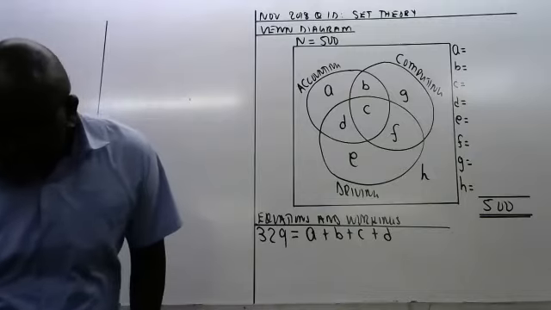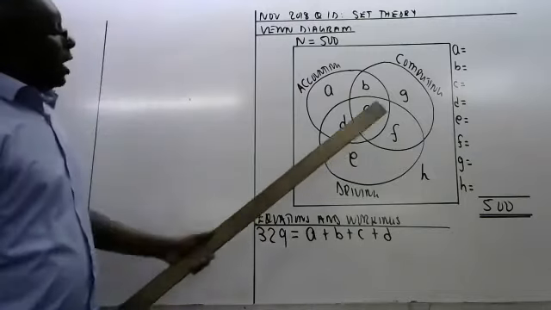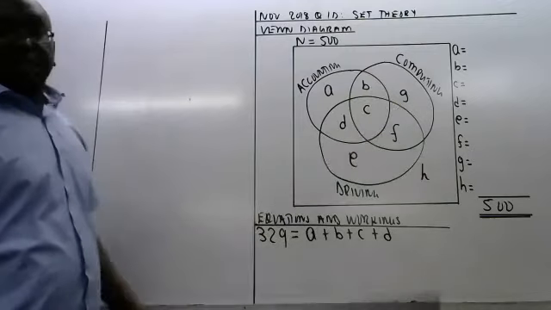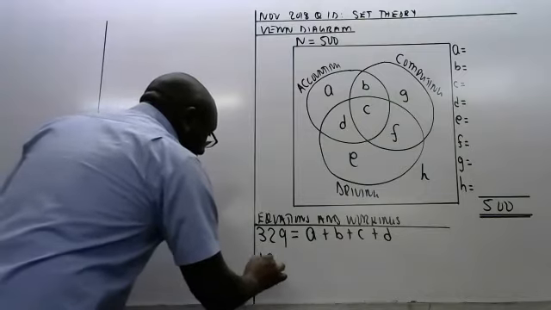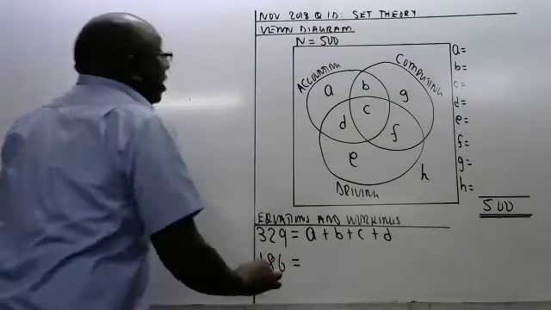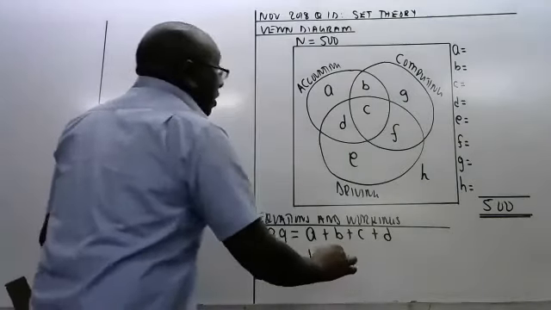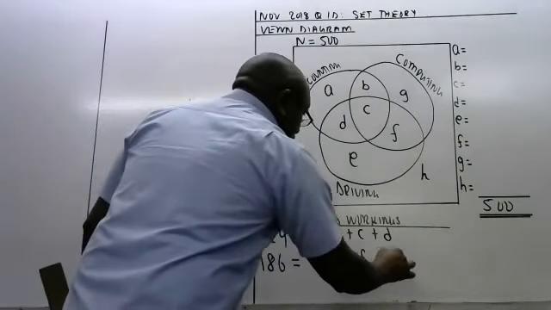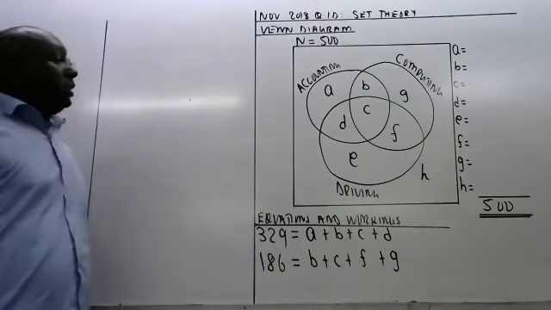From there, 186 were undertaking computing. So everyone who is inside computing is equal to 186. So 186 is B plus C plus F plus G. That is everyone who is inside computing.